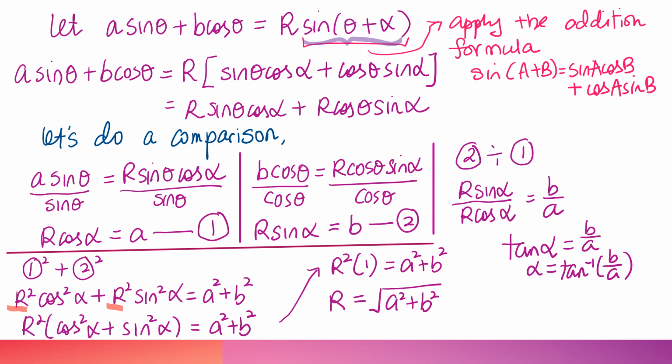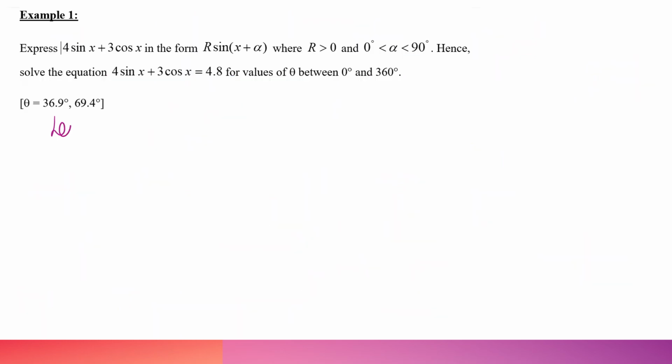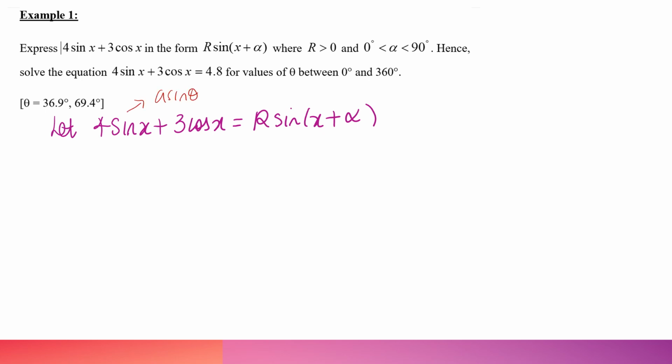All right, let's do one example. We're going to let 4 sine x plus 3 cos x equal r sine bracket x plus alpha. Right, so you're going to compare this with your a sine theta plus b cos theta.